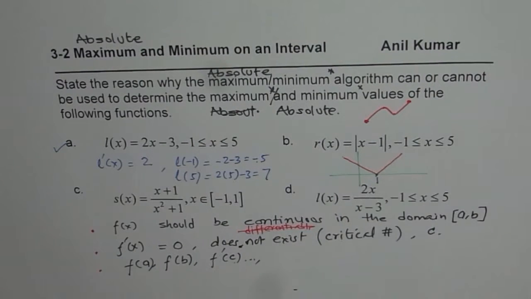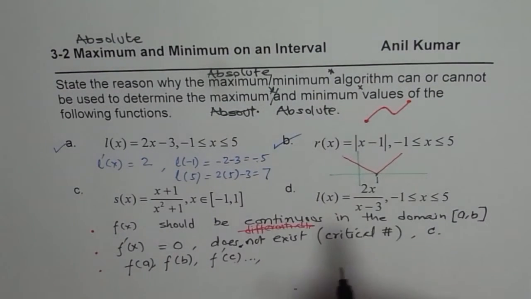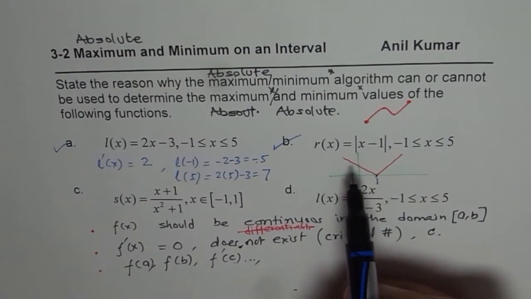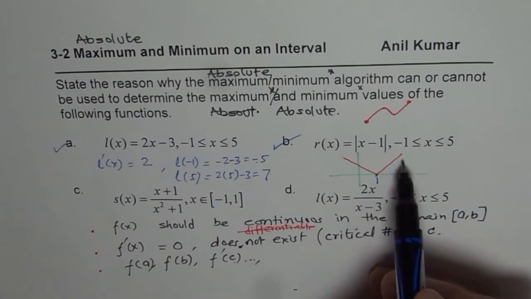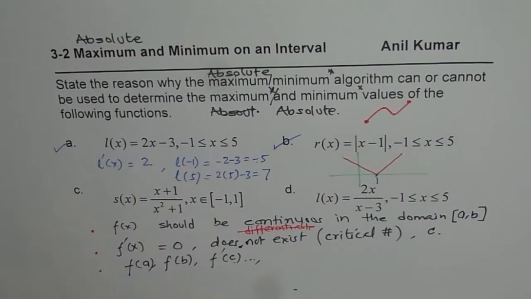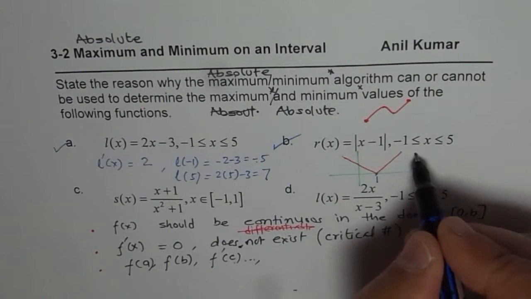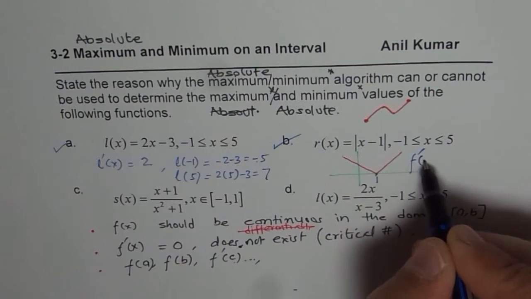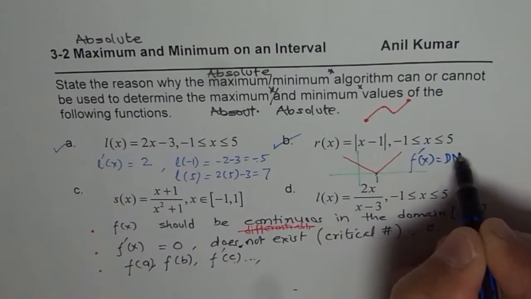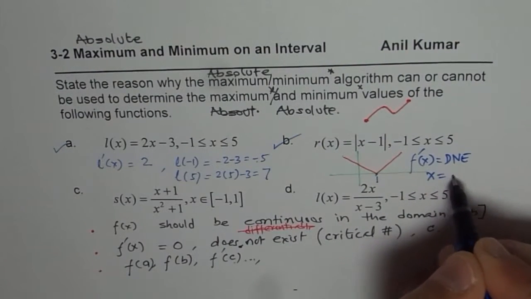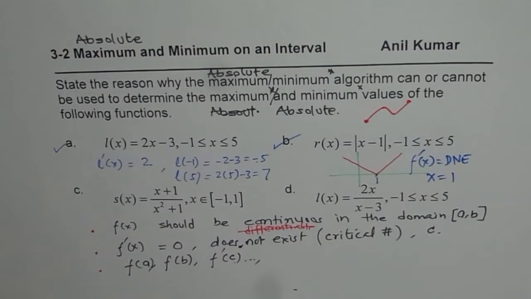So we will say that we can actually find the absolute maximum and minimum for B also, since it is continuous during its interval. Is it okay? Now, the second part: when you find f dash of x, the derivative does not exist at the point x equals 1, right? And that is an absolute minimum, as you can see, okay?